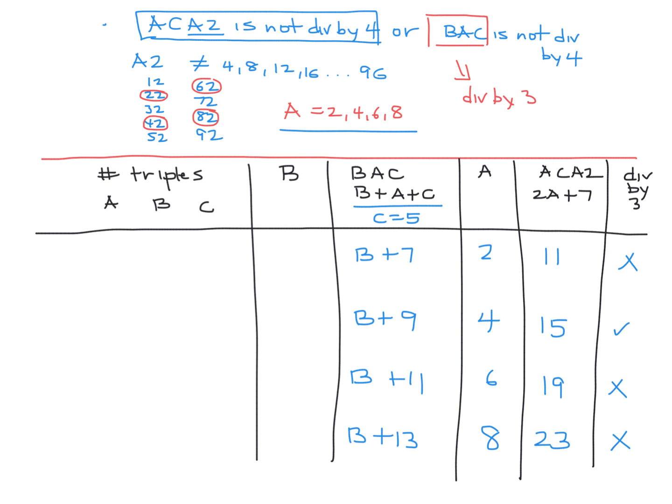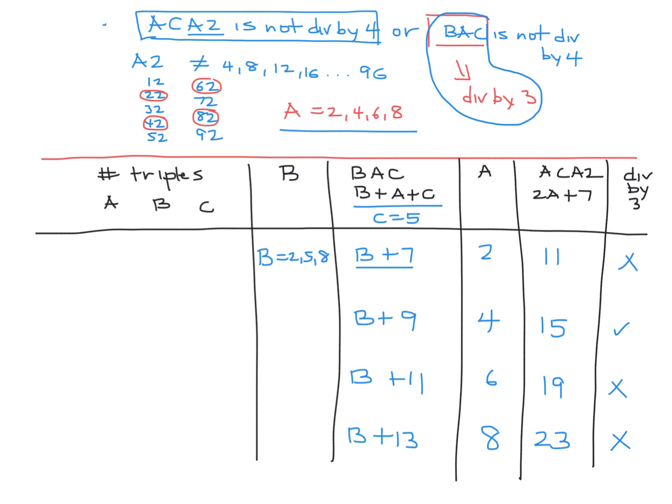So now this B plus 7 has to be divisible by 3 in order for this criteria to hold true. So that means B would have to be either 2, 5, or 8. Got it? That would make the B plus 7 equal to either 9, 12, or 15.